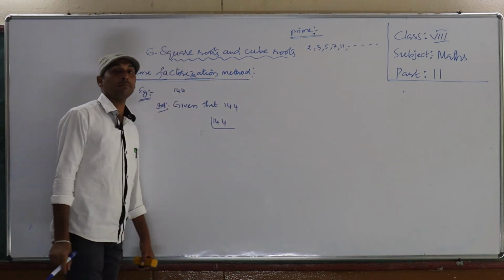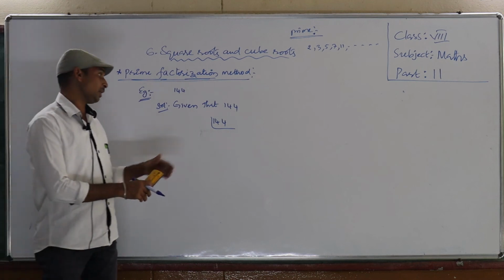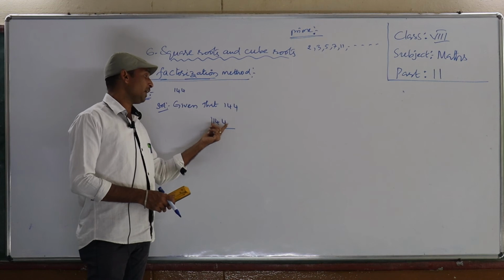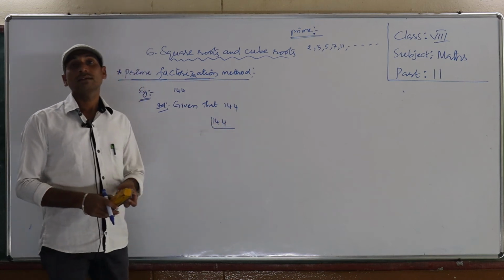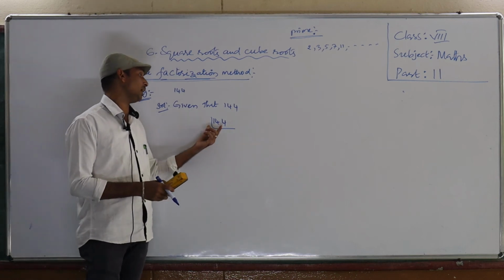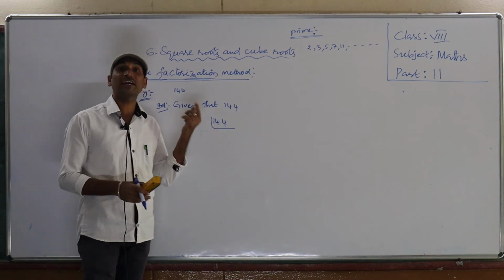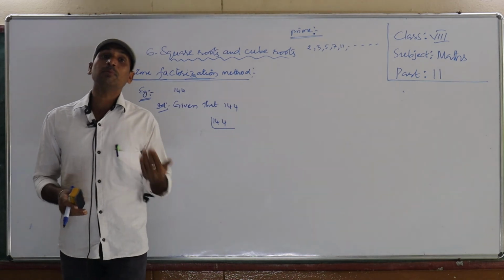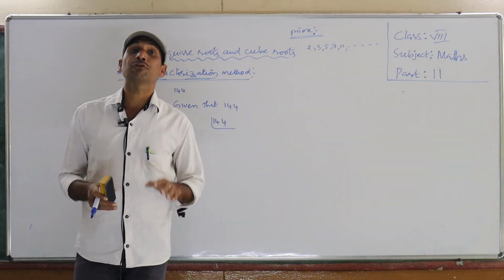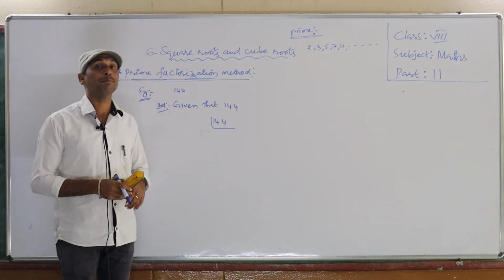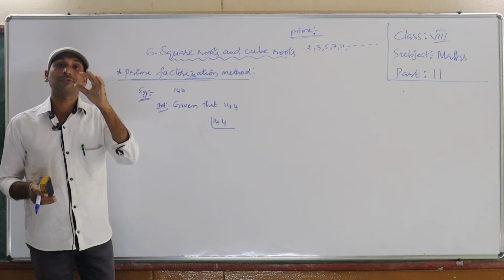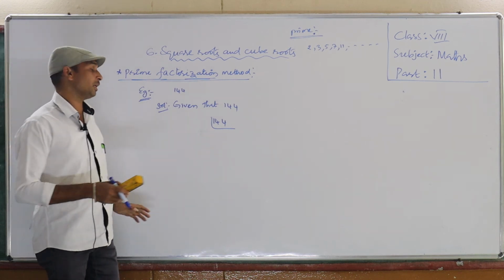The first prime number is 2. If the given number is not getting cancelled in the 2 table, then go for 3. If in the 3 table also you are not getting it, the next number is, don't take 4 because 4 is not a prime number. The next prime number is 5. We have to use prime numbers only.